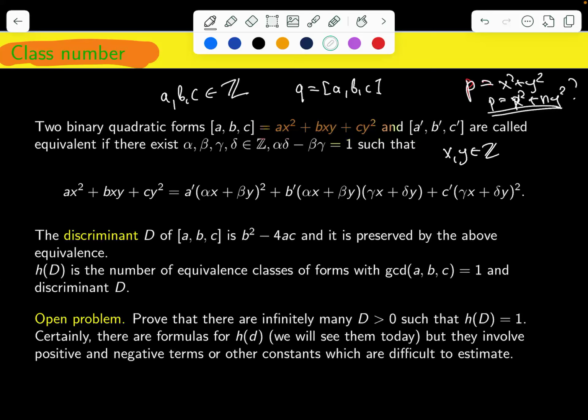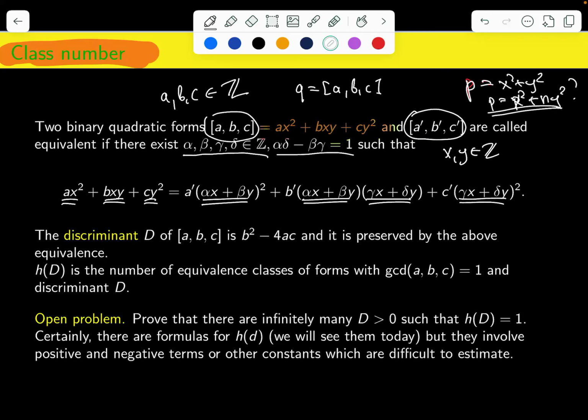So we say that two forms, (A, B, C) and (A', B', C'), are equivalent if there exists an SL2(Z) transformation, so that's four integer numbers alpha, beta, gamma, delta, with alpha delta minus beta gamma equal to 1, such that the form ax squared plus bxy plus cy squared is just the form given by (A', B', C'), where you change the coordinates according to this SL2(Z) transformation.